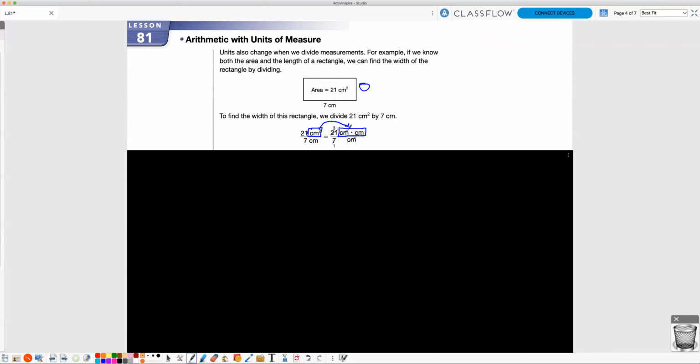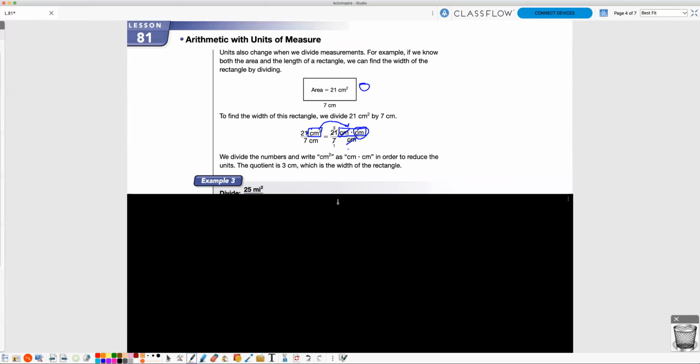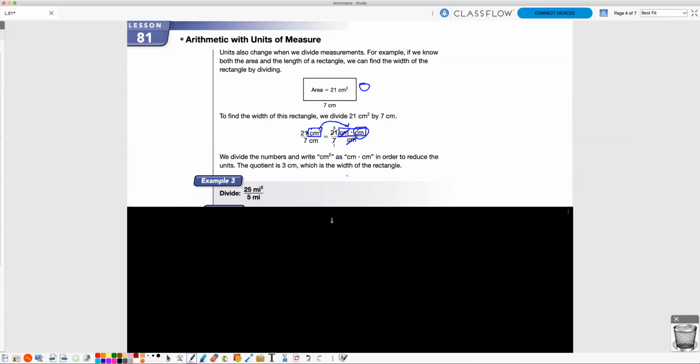And if you're going to cancel one of them out because there's a centimeter down here, all you're left with is 1 centimeter unit. So that means you'd have 3 centimeters as the final answer. Okay. Example 3, if you have 25 square miles divided by 5 miles, first do the units here.